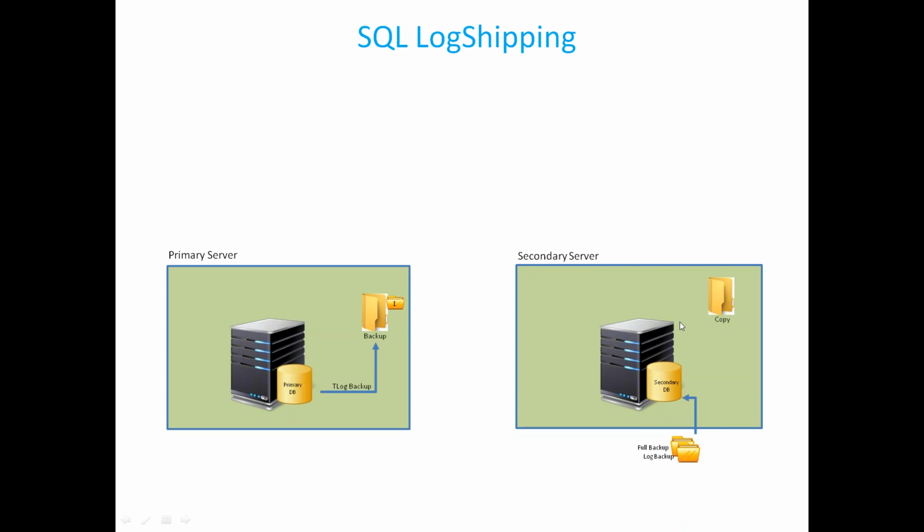The copy job will be created on your secondary server, and the responsibility of the copy job is to go and copy the latest backup file from the backup folder on the primary server onto the copy folder on the secondary server.